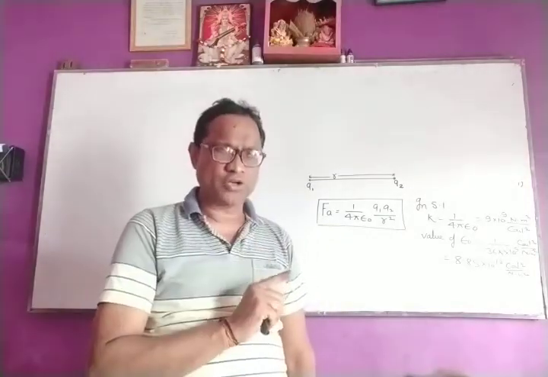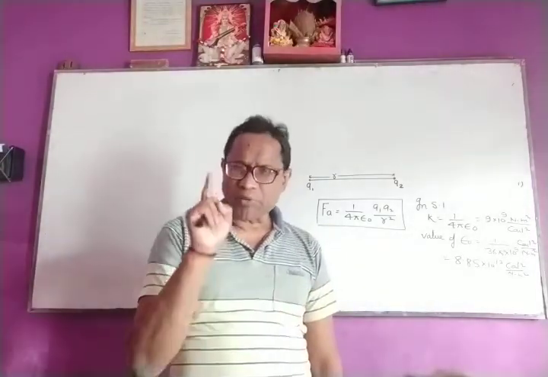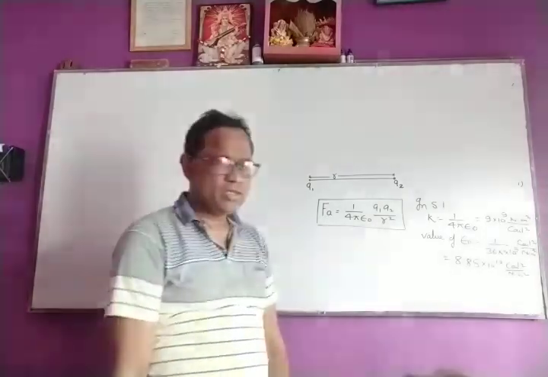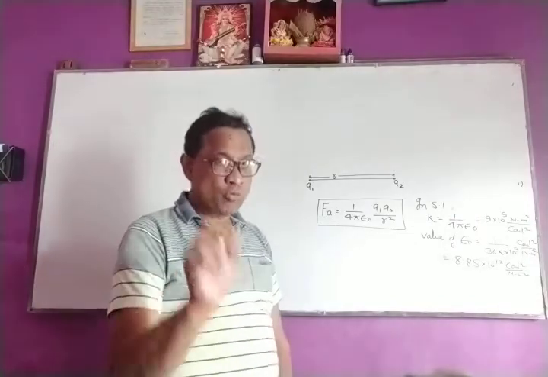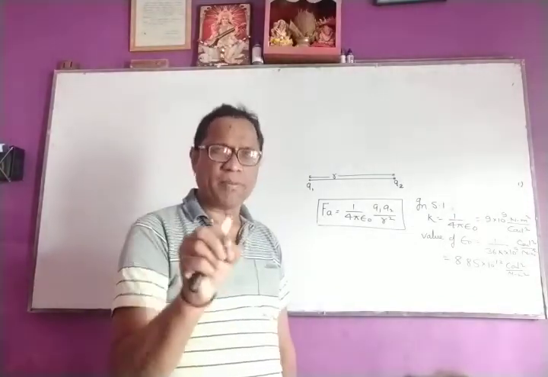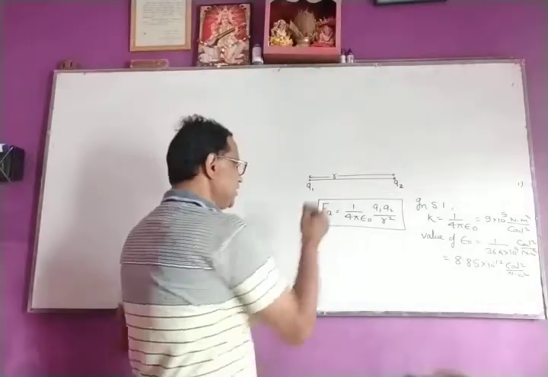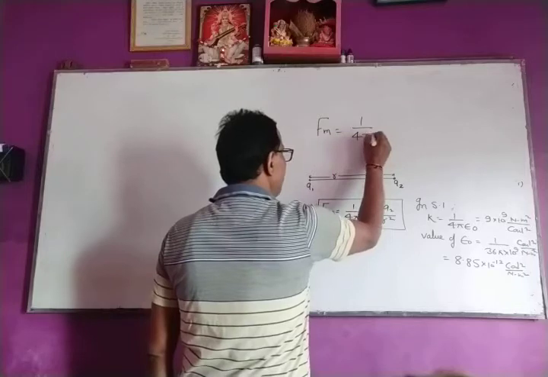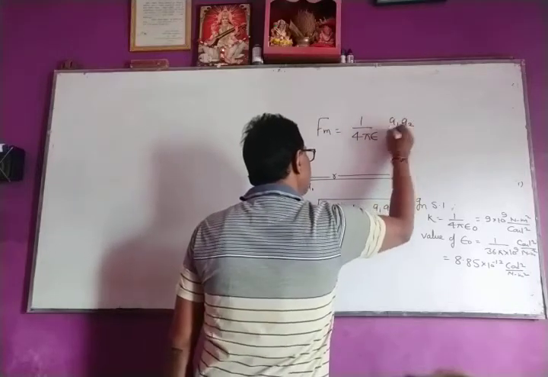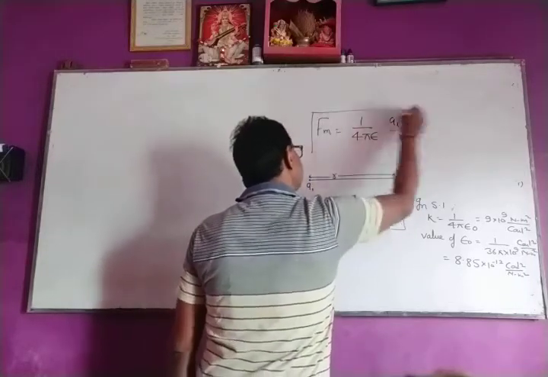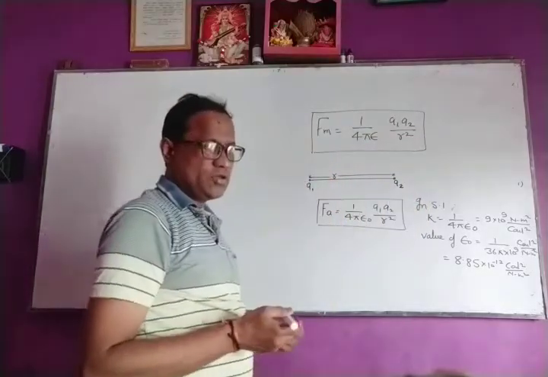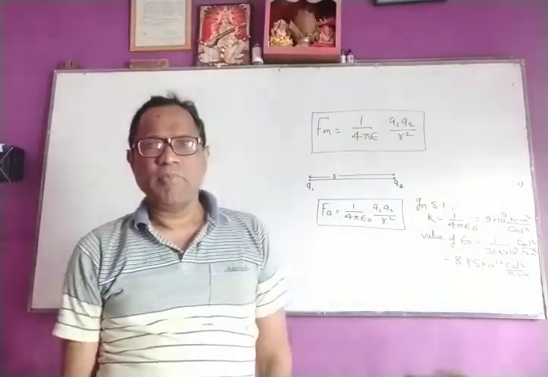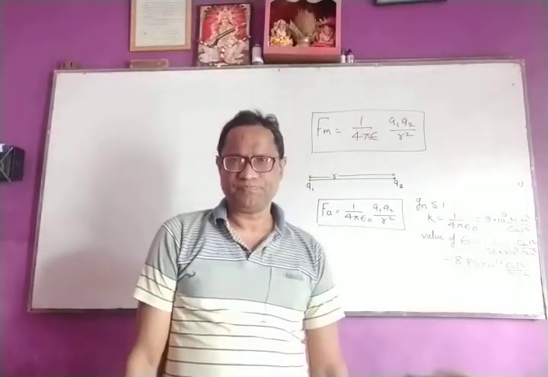Epsilon naught is the absolute permittivity of air or vacuum. Clear? Then when these two point charges are placed in a medium, we can write Fm is equal to 1 by 4 pi epsilon Q1 Q2 by R square, where epsilon is the permittivity in the medium.